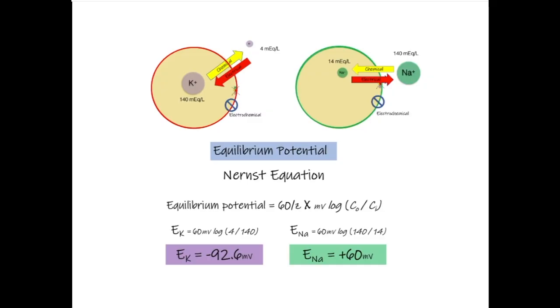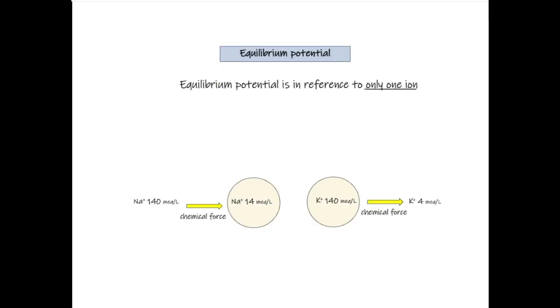In fact, if you look at other sources, you may find that the equilibrium potential for these ions are listed differently. And that's because they may be using slightly different concentrations of extracellular and intracellular values for each of these ions. So to reiterate, the equilibrium potential is in reference to only one ion.